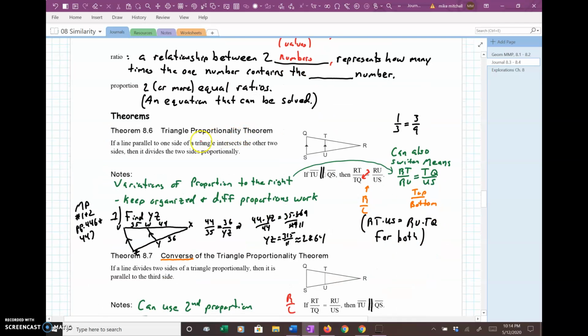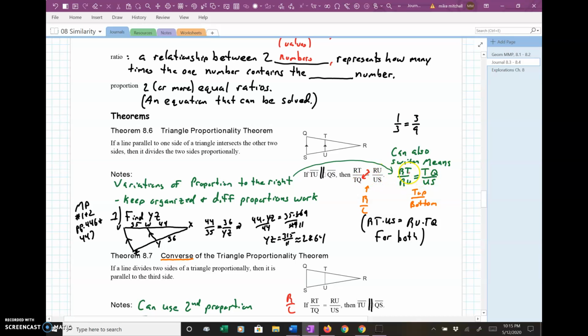Triangle proportionality. If a line is parallel to one side of a triangle, so TU is parallel to QS, it divides the other sides proportionally. Notice these always go in a pattern, right to left. RT, right side, TQ, left side. RU, right side, US, left side. We've talked about switching the means before, so we could switch TQ and RU.